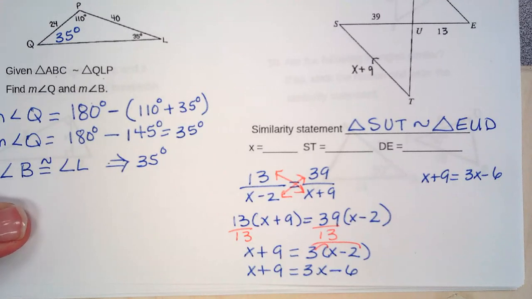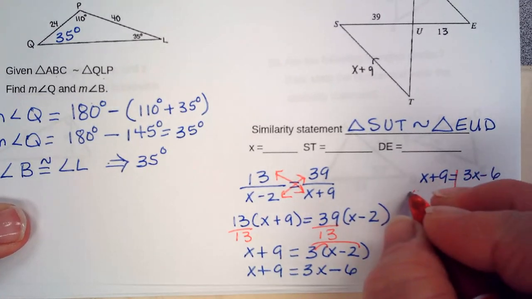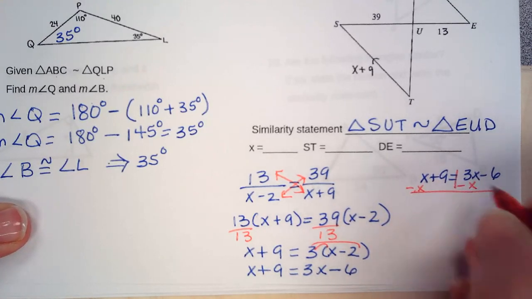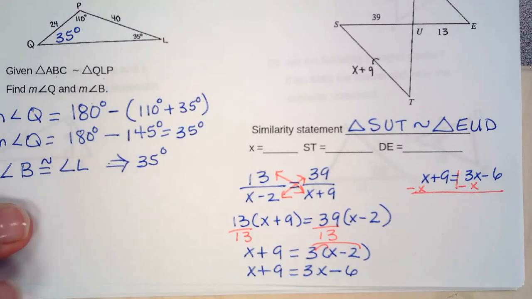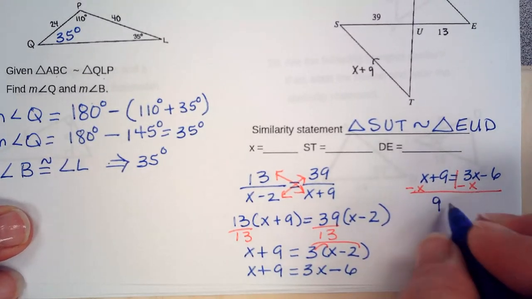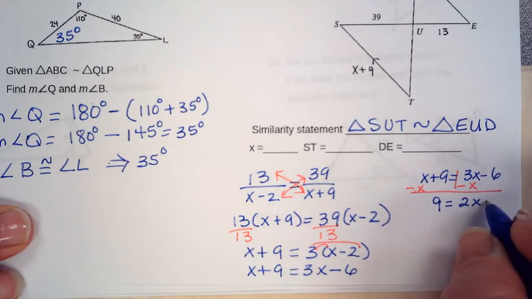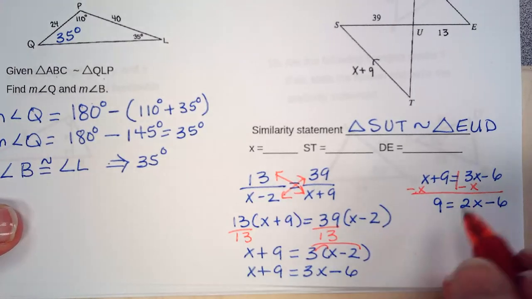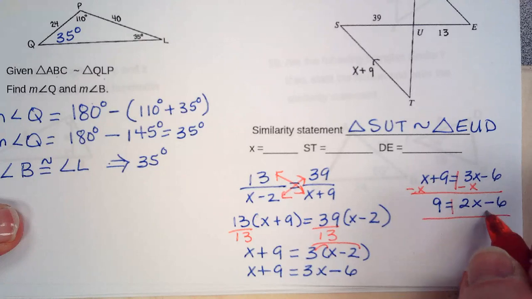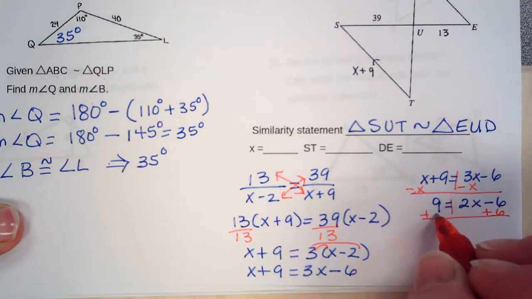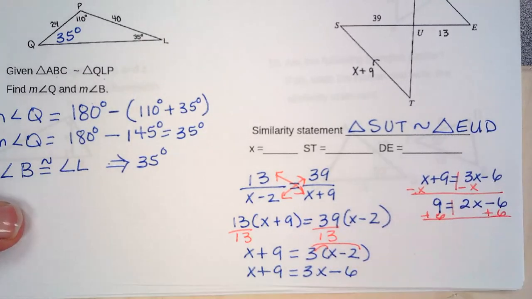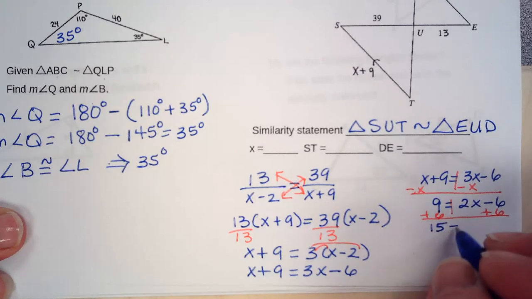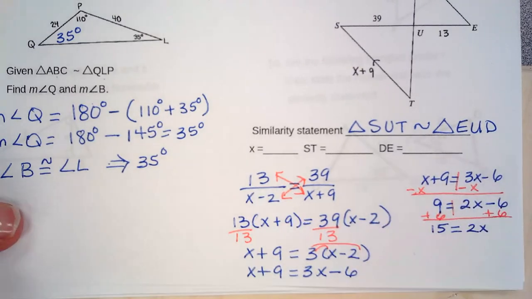I'm going to subtract x from both sides. 9 is equal to 2x minus 6. Add 6 to both sides. 15 is equal to 2x.